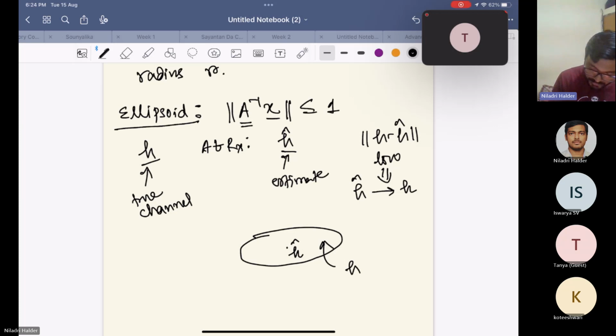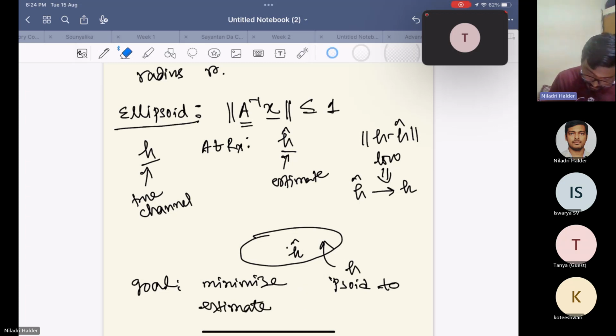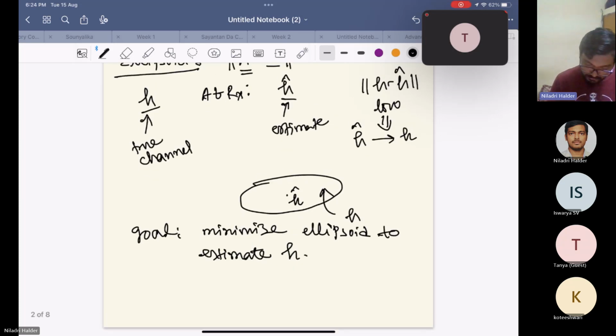So our goal is to minimize the dimension of the ellipsoid to estimate h. So this is the application.